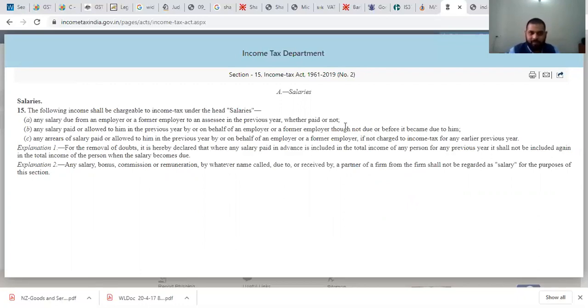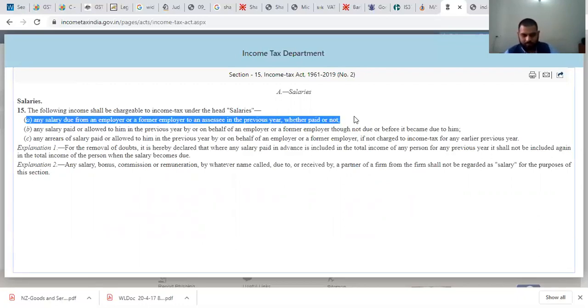What is the litmus test is the presence of employer-employee relationship and not the manner of determination of remuneration. So if a company has a turnover of rupees 1,000 and he says to a particular director, I'll pay you rupees 50 or I'll pay you 5% of the net profits, it makes no difference. In both the scenarios, it will be rupees 50 only that he'll be getting. What is relevant is the nature of relationship that an employer and employee share.